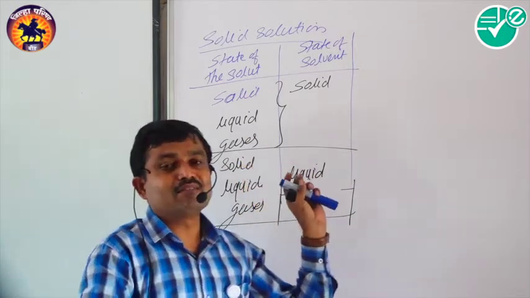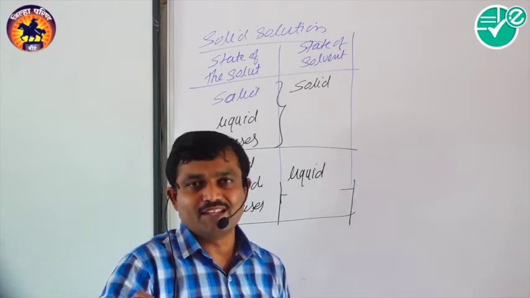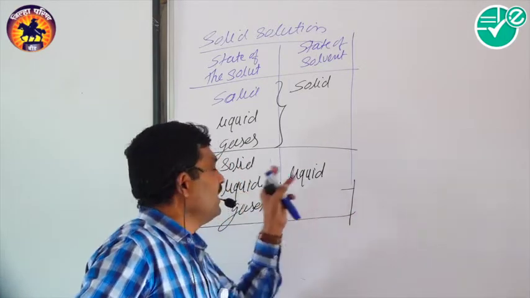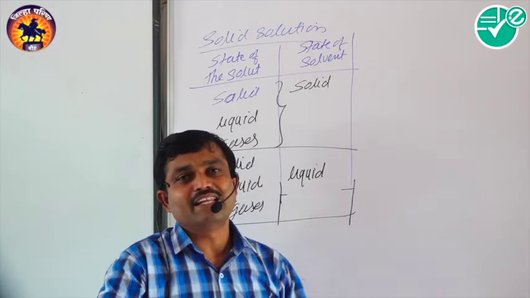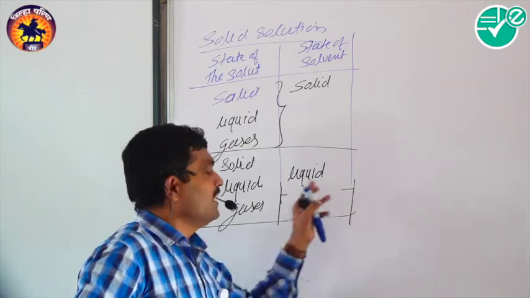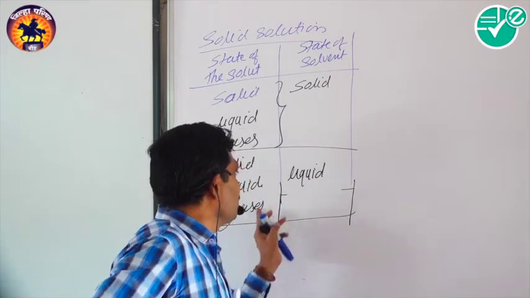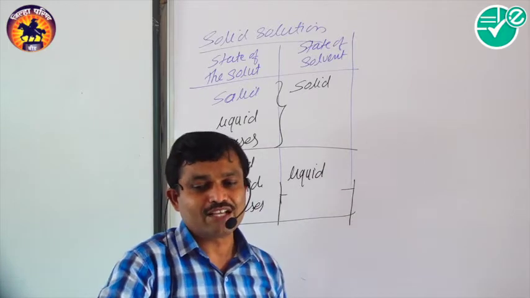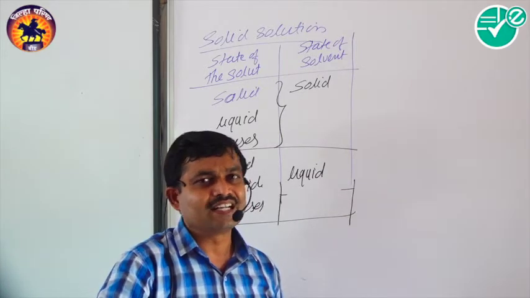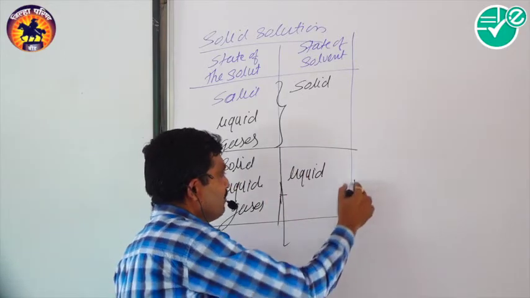A well-known example of solid in liquid is any salt solution. For liquid in liquid, any miscible liquid, alcohol in water, is the example. For gases in liquid, we know that cold drinks have CO2 gas dissolved. So aerated drinks are the example of that.